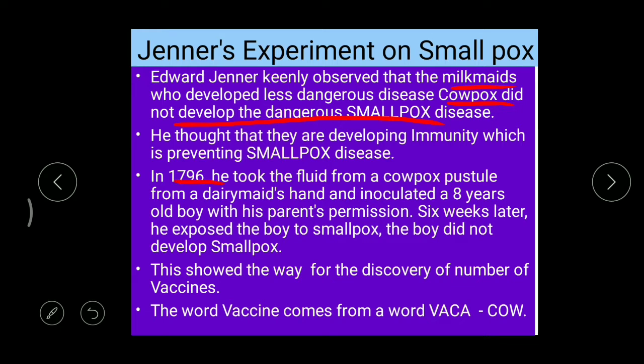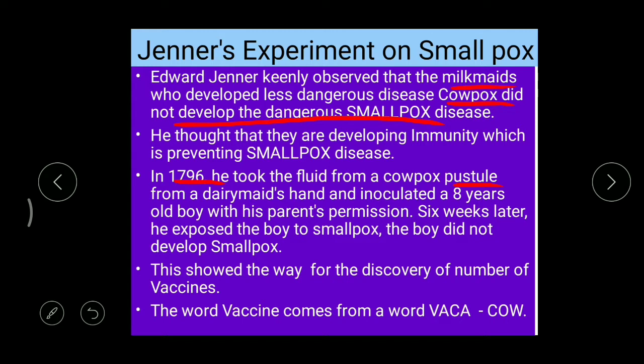1796, what he did means, when a person is suffering from this cowpox, over the skin we can find some bubble-like structures. We call them as pustules. From that pustule, the fluid comes out, and so he collected that fluid, and that fluid is inoculated.